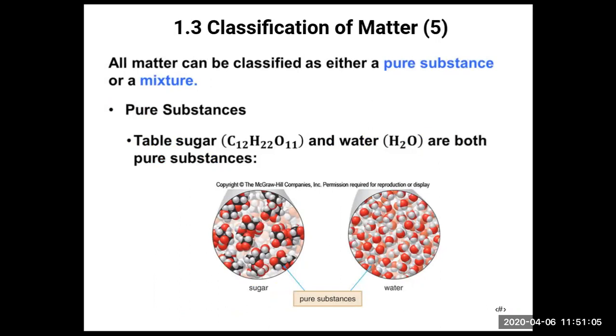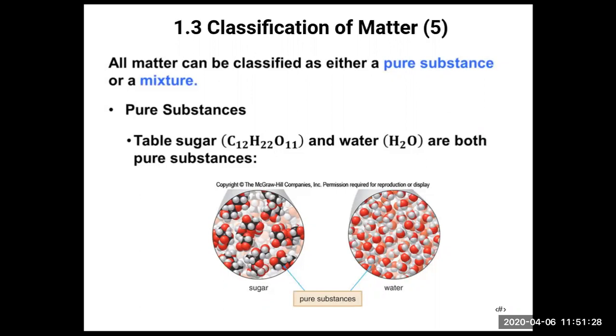Let's look at the mixtures more closely. So these here, again, are pure substances, right? Here we have table sugar, C12H22O11, and water, H2O. They are both pure substances because you can see here we have formulas for them.